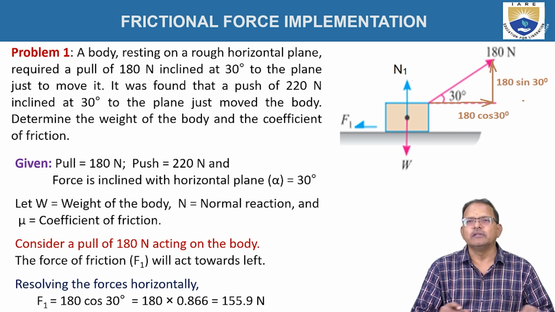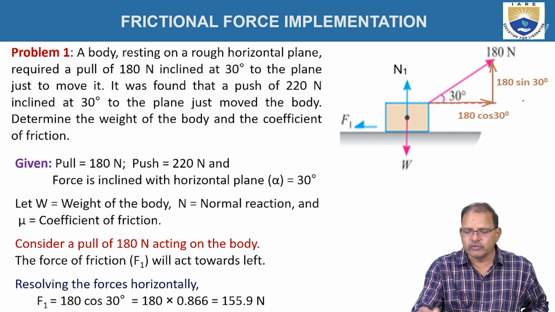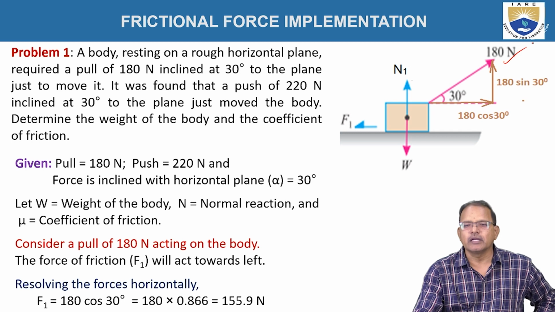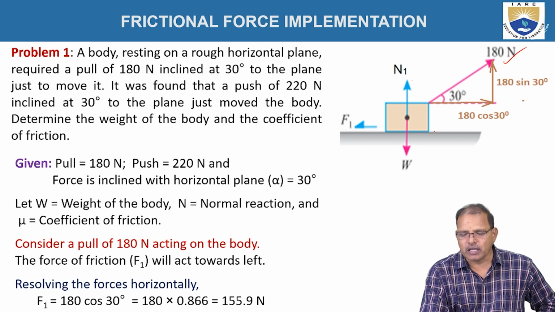Okay, the given data from the problem: the pull is 180 newtons at an inclination of 30 degrees, acting on a body resting on a horizontal plane as shown in the figure.